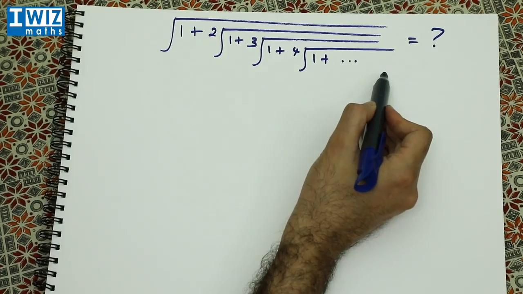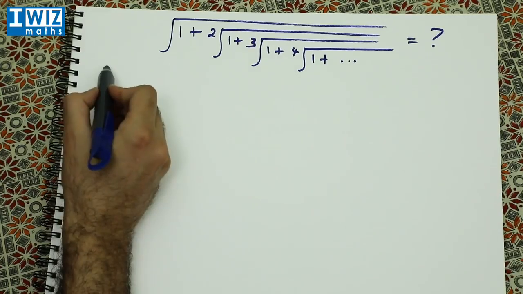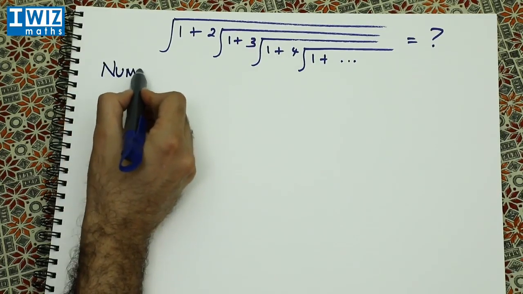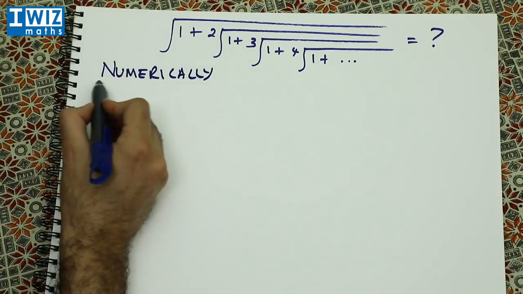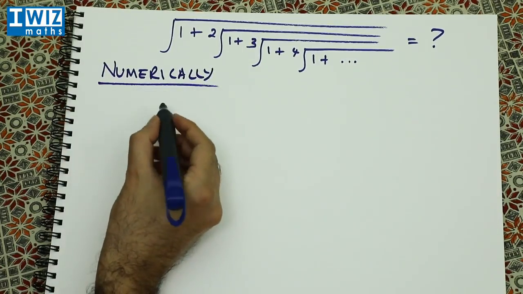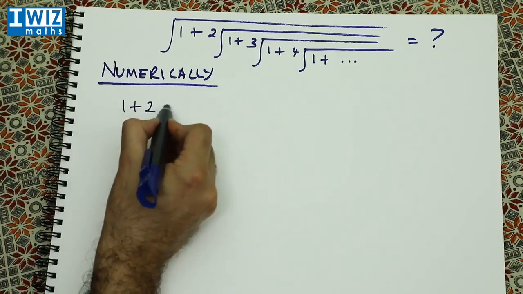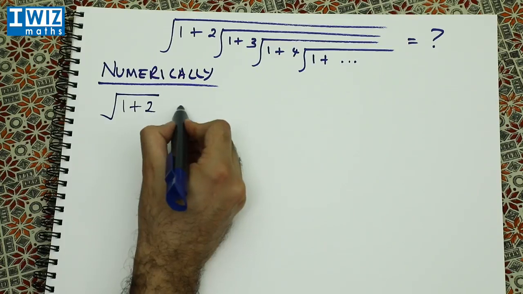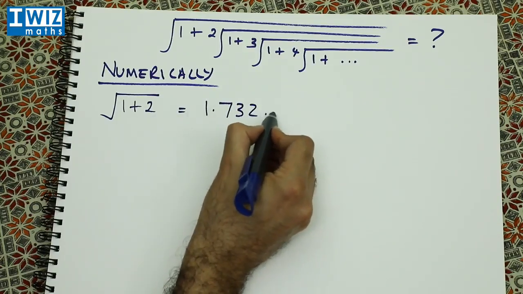Now, one simple way of making progress is to just start evaluating this numerically. So let's do that. If we do 1 plus the square root of 3, we'll get 1.732.